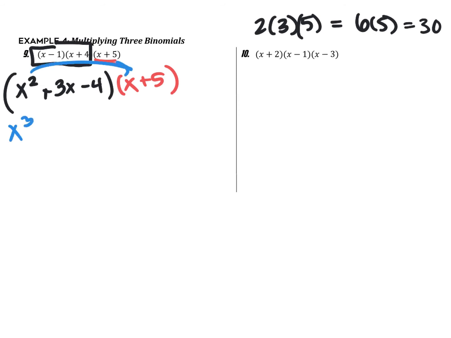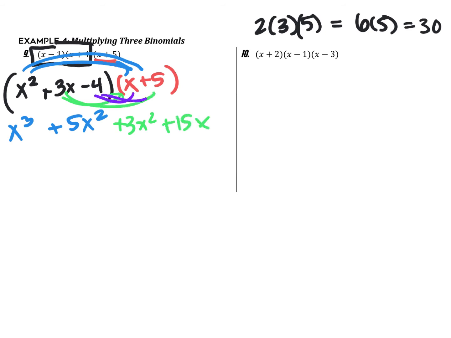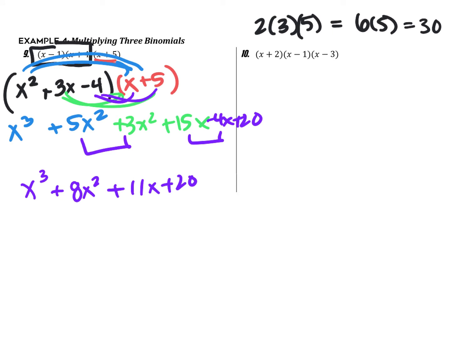This is going to give me x to the third plus 5x squared plus 3x squared plus 15x minus 4x plus 20. And I can combine like terms, so I'm going to have x to the third plus 8x squared plus 11x plus 20.